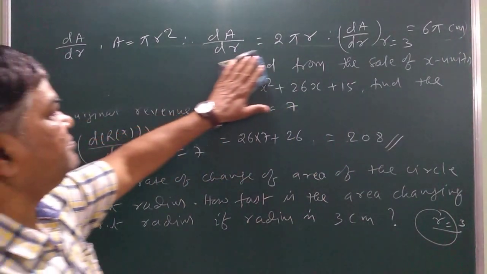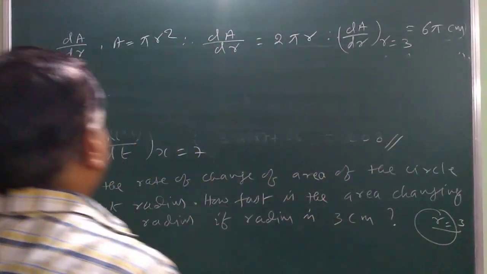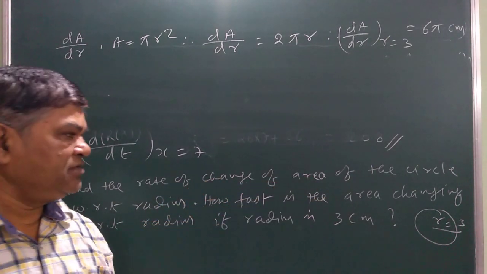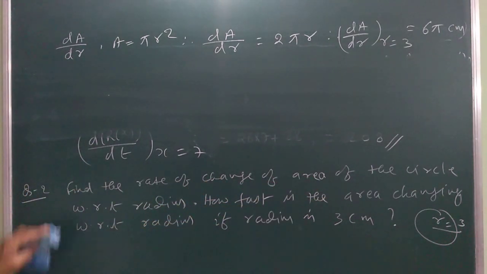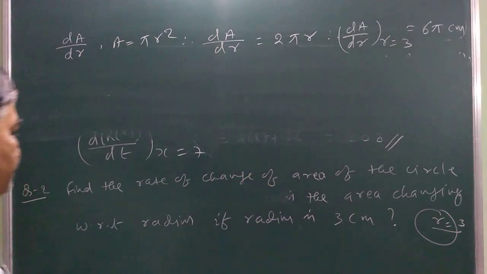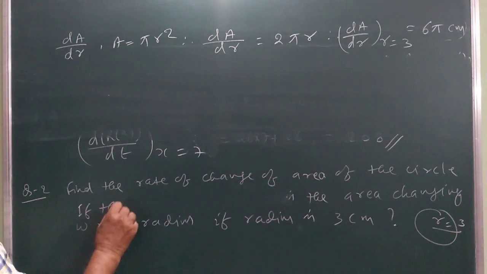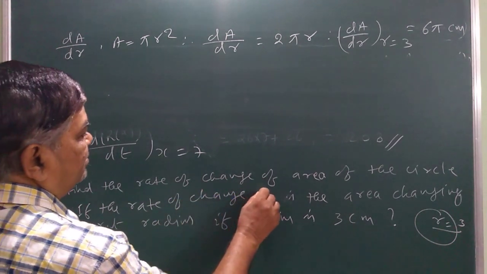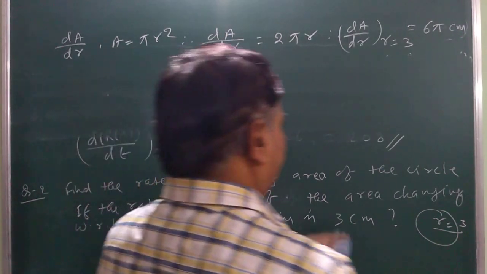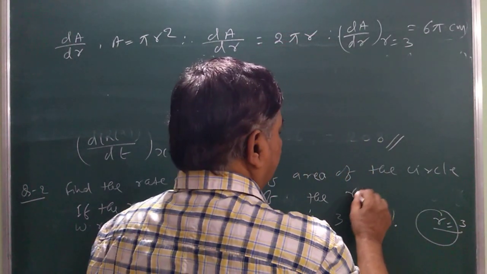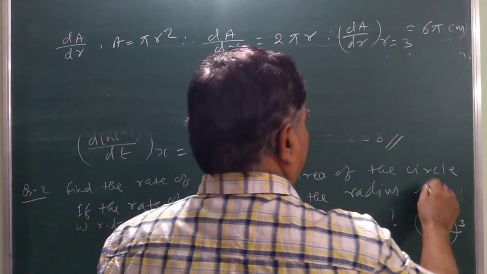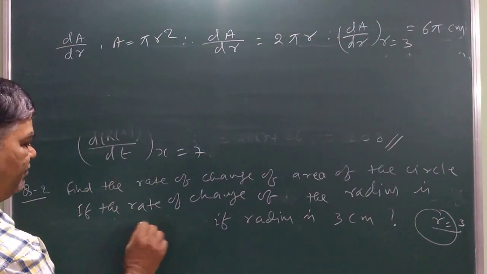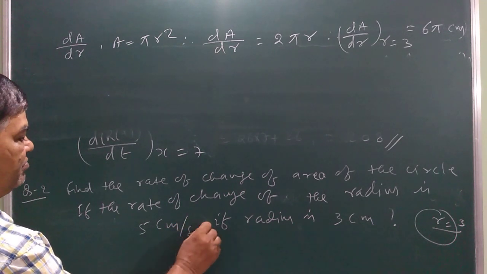Now the same question, if it is asked to find the rate of change of area of the circle if the rate of change of the radius is, suppose, 5 centimeter per second.